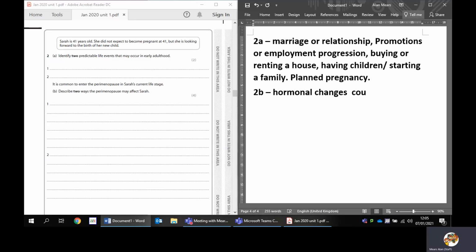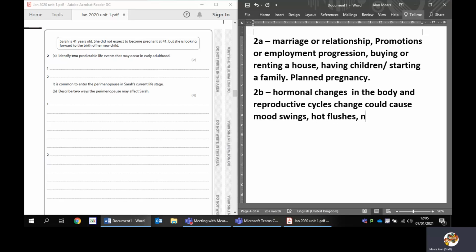So hormonal changes in the body as reproductive cycles change could cause mood swings. We could talk about hot flushes, night sweats. So these are all symptoms there.